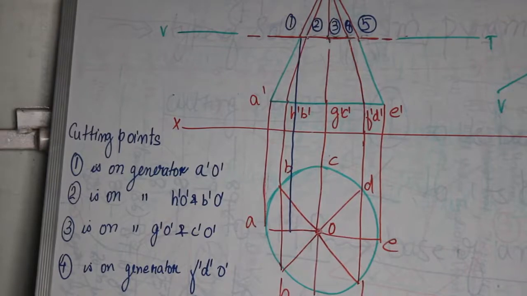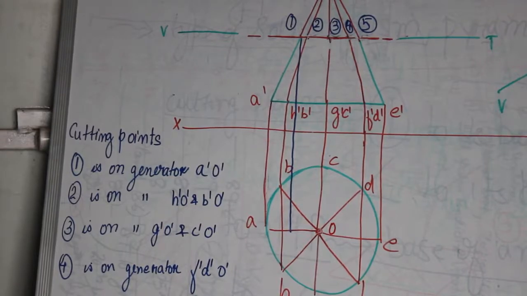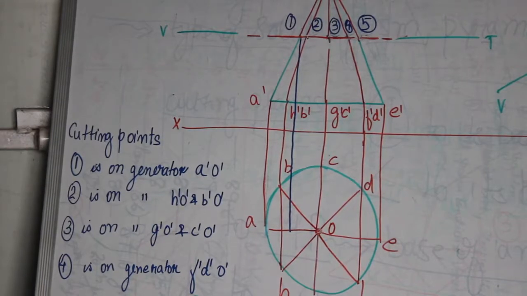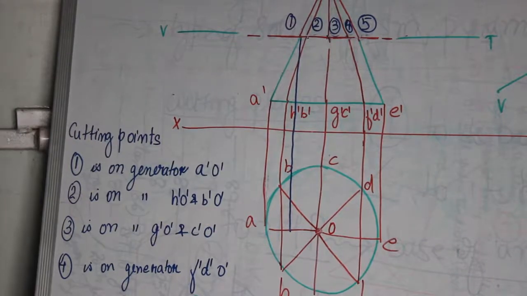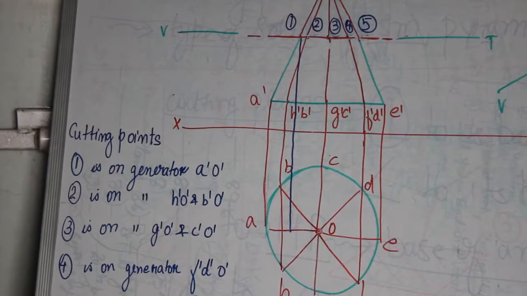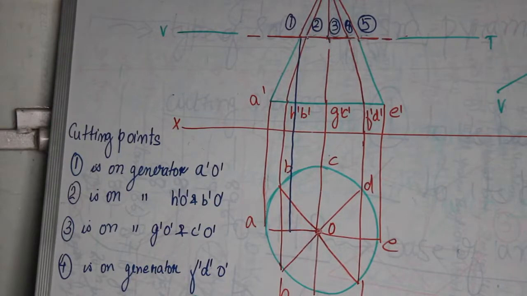Wherever the blue line stops on the straight line AO, the projection of the generator in the top view, that point is the cutting point 1.